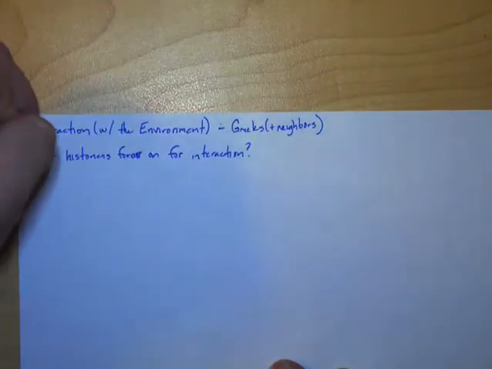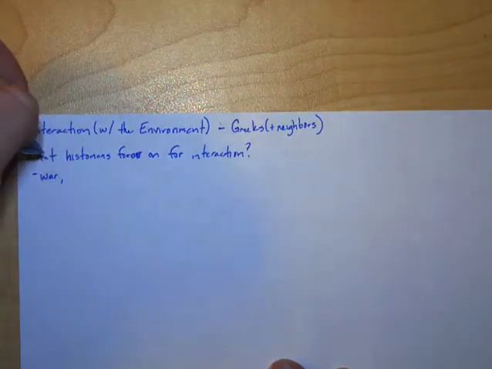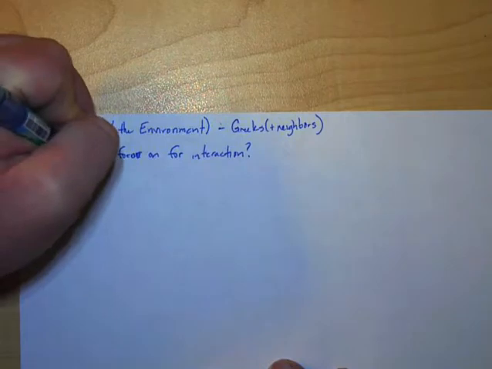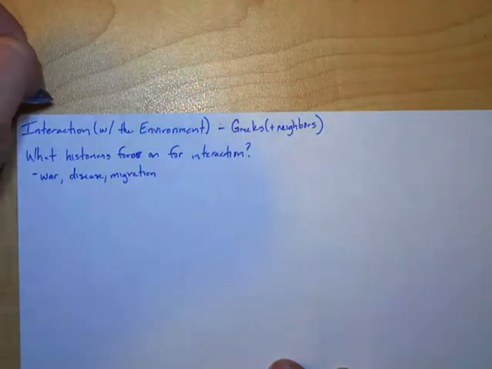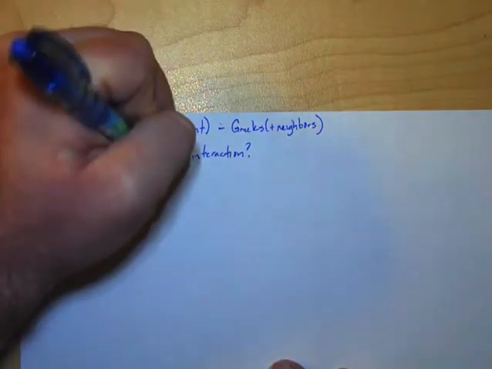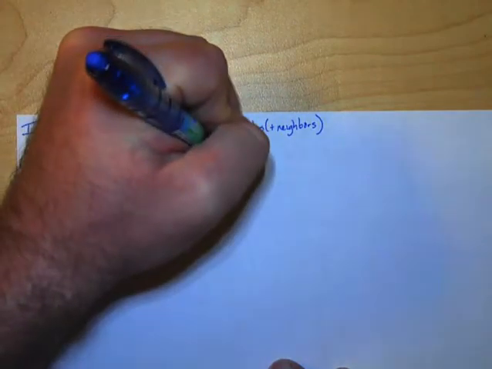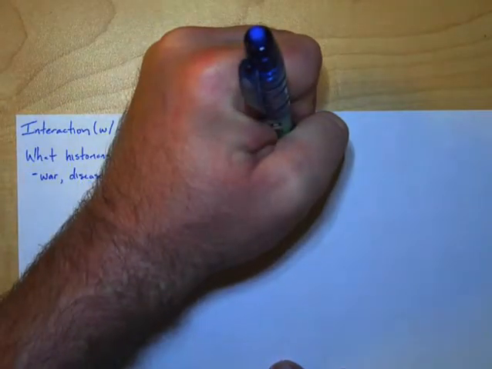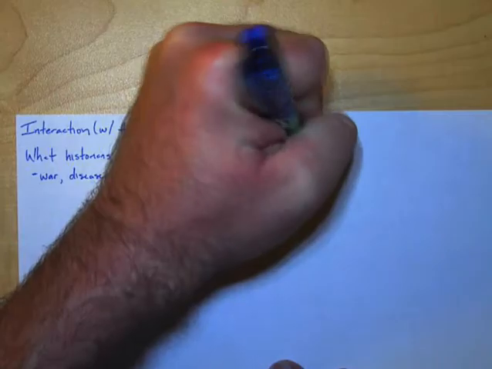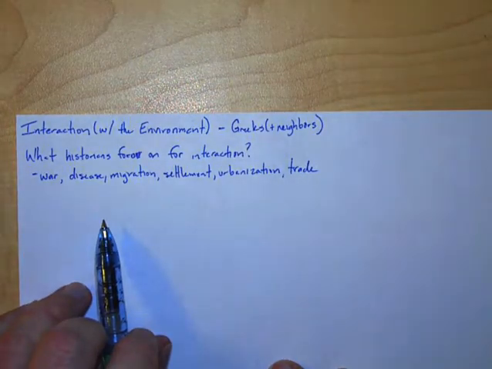So we're going to look at things like war, disease, migration, settlement, urbanization, and trade.